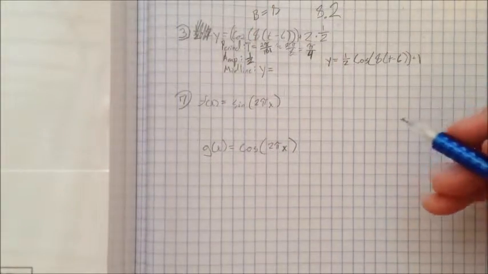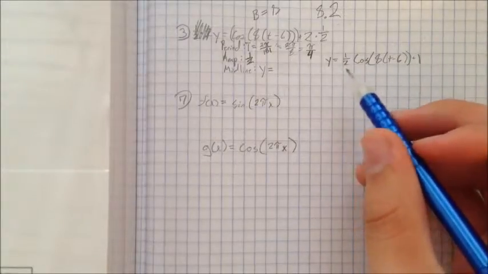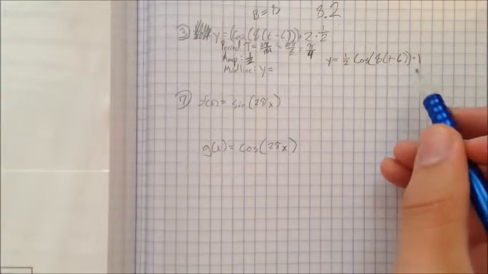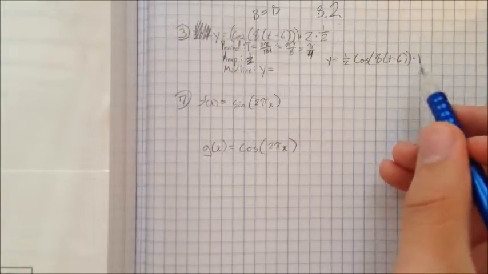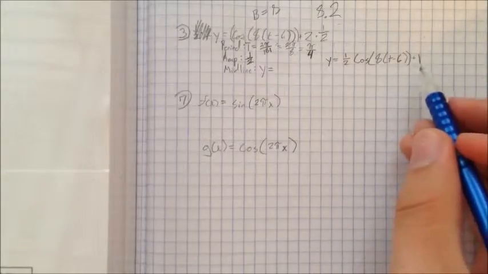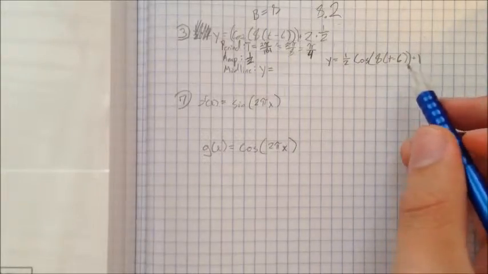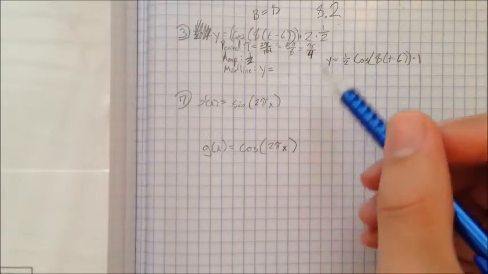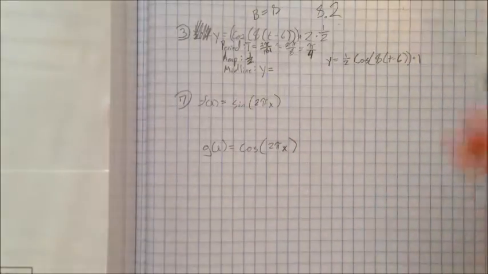And now we have to find our midline, which is the only thing that's going to be affected by the plus 1, because at first we had to do this and now we do this here. So our midline shifts our graph up 1, so it's going to be oscillating about y equals 1.